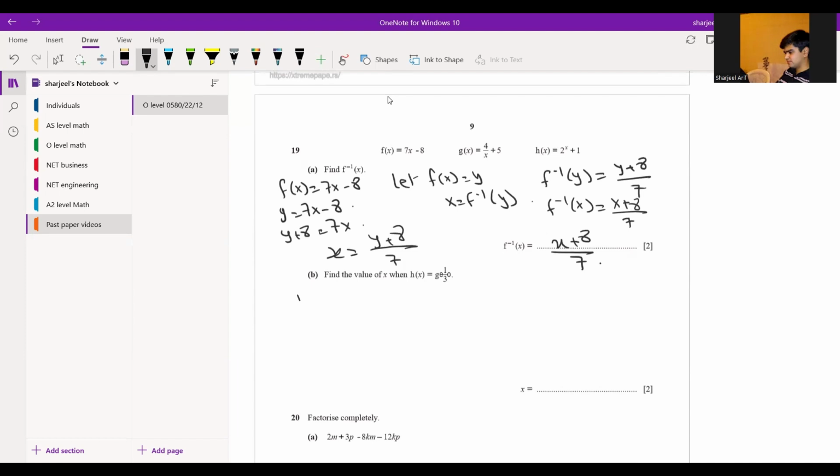For b part, we have h of x equals g of 1 by 3. So for this part, first you have to substitute, find the value of g of 1 by 3. That will be 4 over 1 by 3 plus 5. You will get 4 into 3 plus 5, that would be equal to 17.